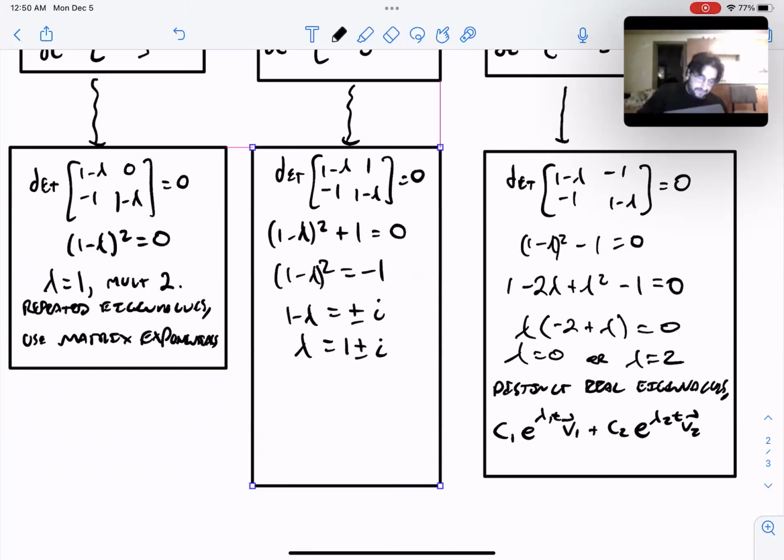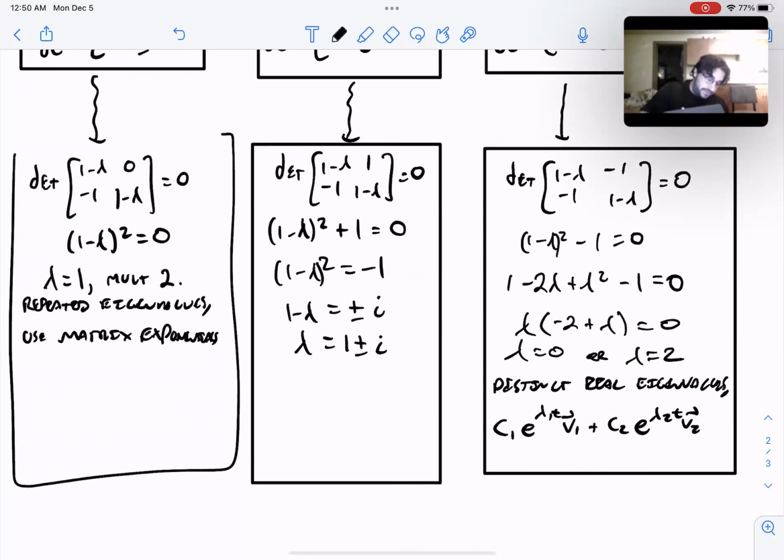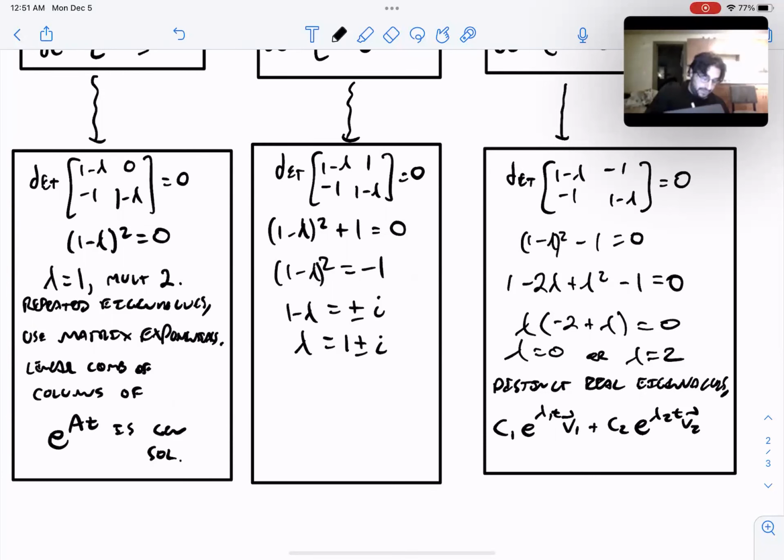And I should say in this first case too, the general solution, when you have repeated eigenvalues, is a linear combination of the columns of e to the At.